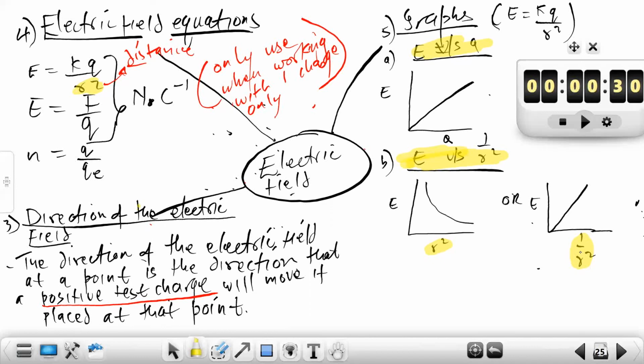So the relationship between the two is basically the same. It's just an issue of which one are you drawing. If you are drawing for E and r squared, you will get this line that shows now they are inversely proportional. But now if you are drawing for an inverse of r squared, then you will definitely get a straight line. That is the difference between the two.